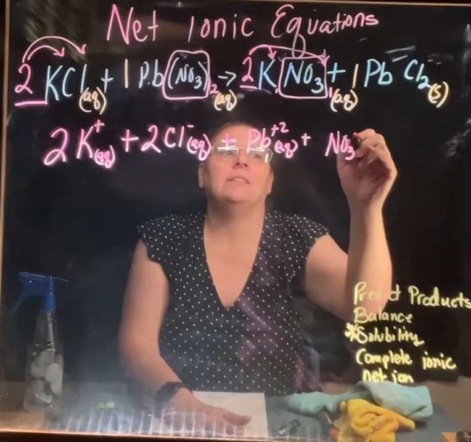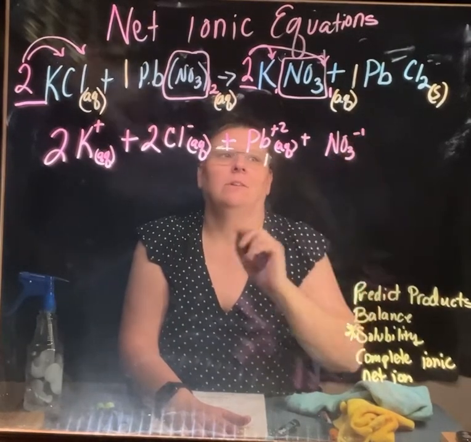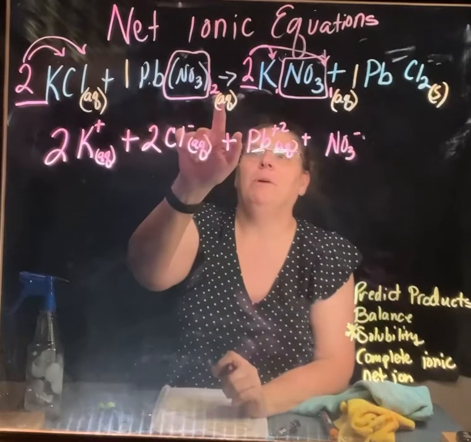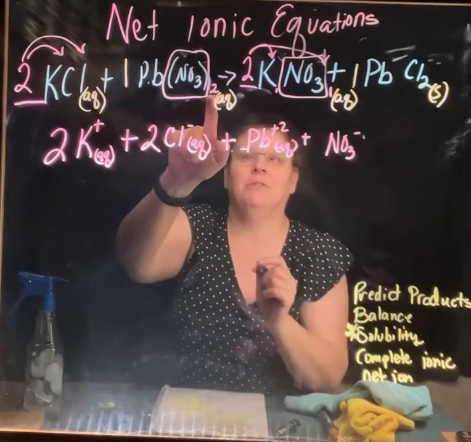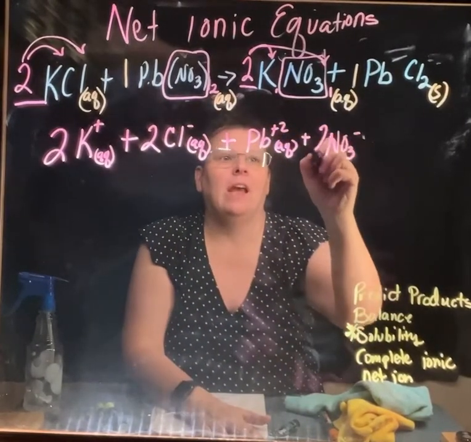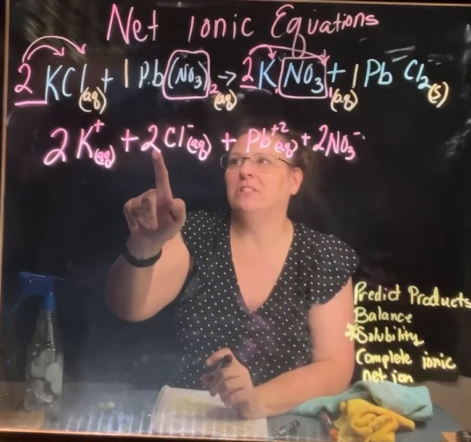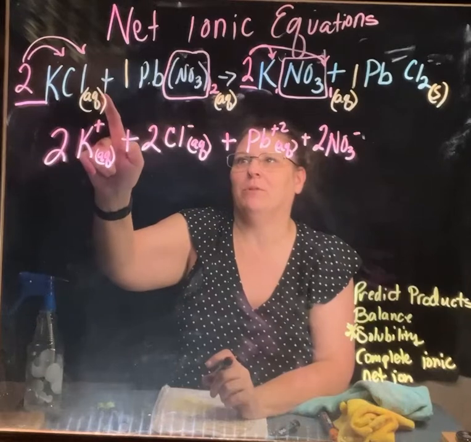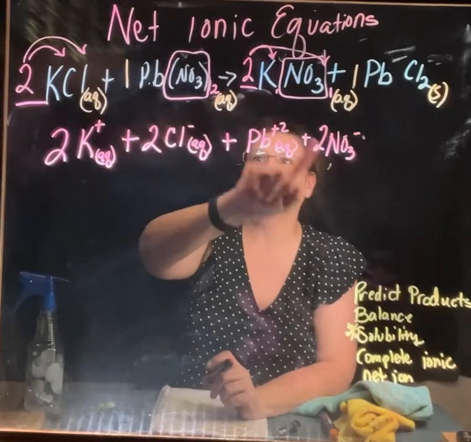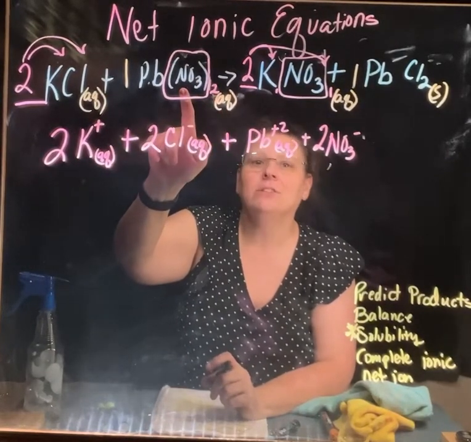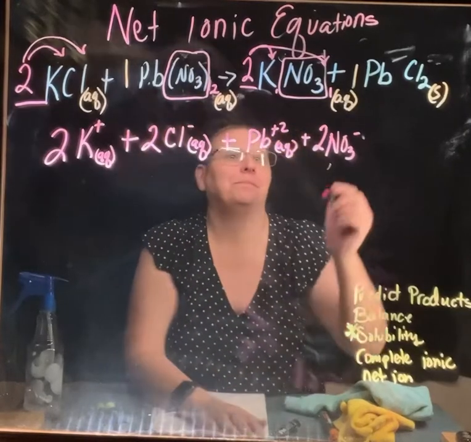It has a -1 charge, or a negative charge. But how many of those do I have? I have 2 of those. So subscripts get added in. We put coefficients here because the coefficient went to both of them. I have to have 2 nitrates because it has 2 nitrates.